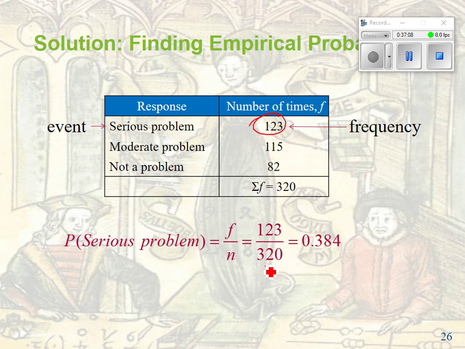They changed it to a decimal and got 0.384. Notice they go out 3 places every time. If we wanted to change that to a percent, what would that be as a percent? 38.4%. That might make more sense to whatever the problem was asking about, to tell somebody, hey, about 38% of the time, it's going to be a serious problem.